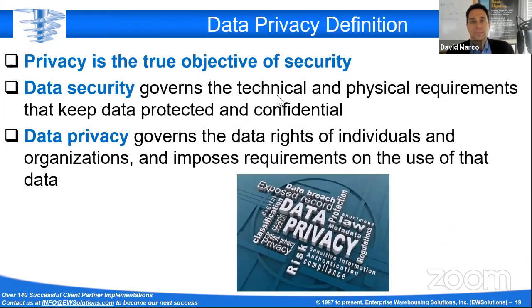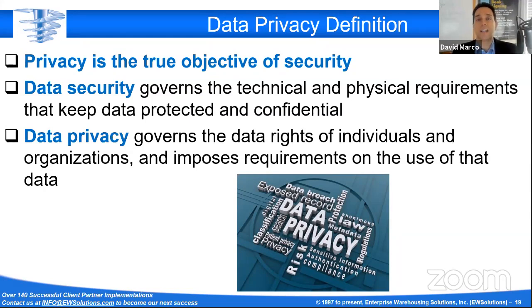All right, I want to keep moving. Privacy is really the true objective of security. If you've built data security properly at your company, then your consumers, your customers, should have privacy as well. Data security governs the technical and physical requirements that keep data protected and confidential.